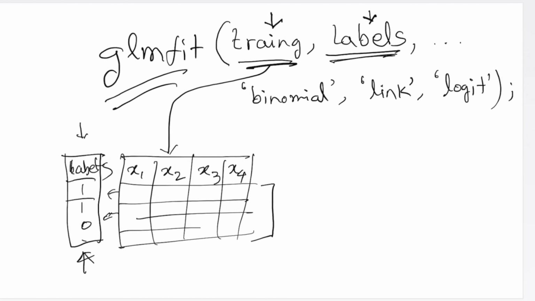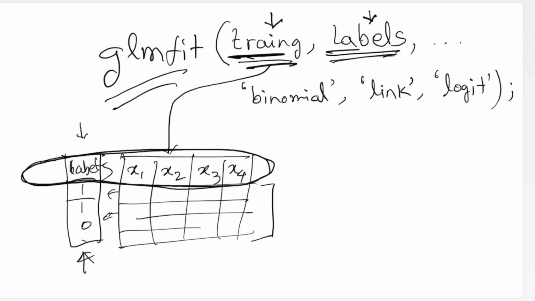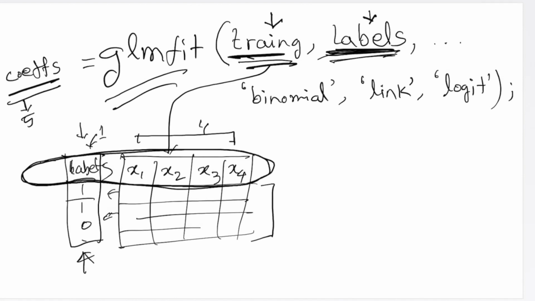Of course, you will not write down these feature names in the training data and labels. glmfit returns all the coefficients. That means all the beta values. So if you have 4 independent variables and 1 dependent variable, that means in the coefficients you will have 5 values varying from beta 0 to beta 4.